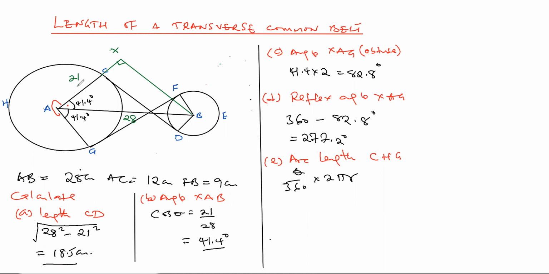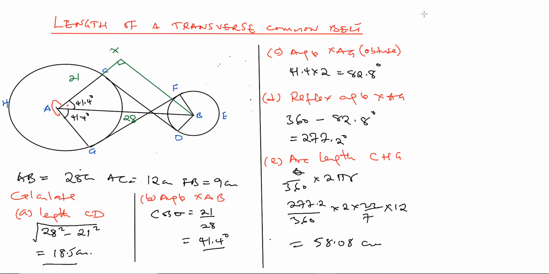It is not 21, AC is 12. So I'll say 277.2 over 360 times 2 times 22 over 7 times 12. What do you get? 58.08 centimeters.